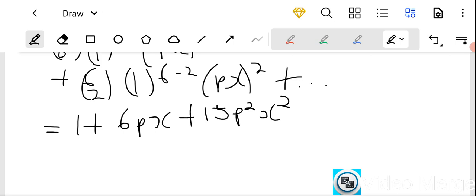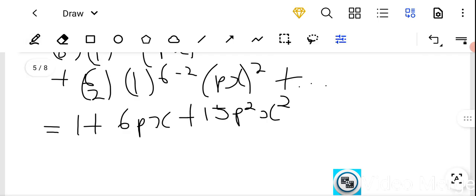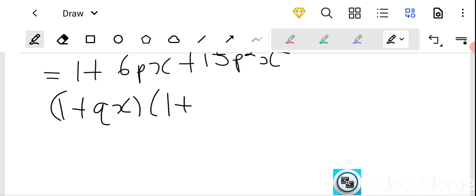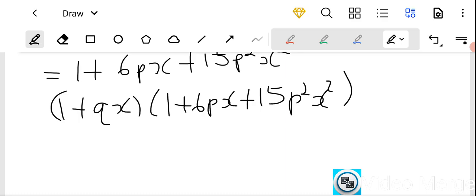So that's your expansion as far as the term of x squared. And then you add 1 plus qx multiplied by 1 plus 6px plus 15p squared x squared, like that.